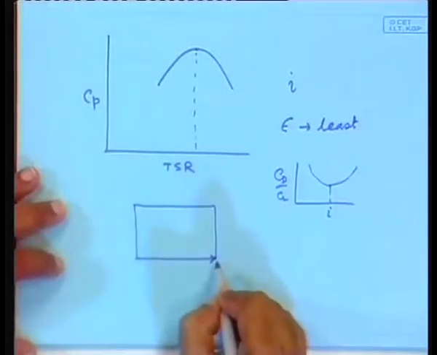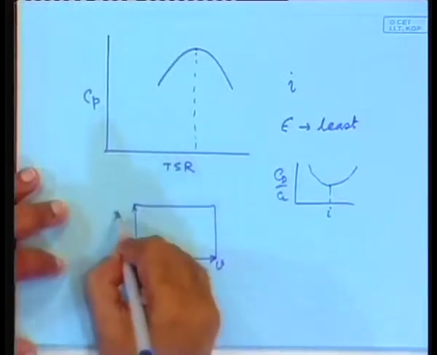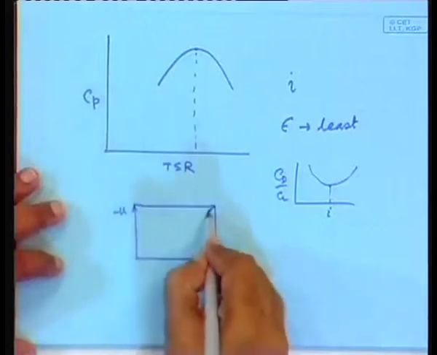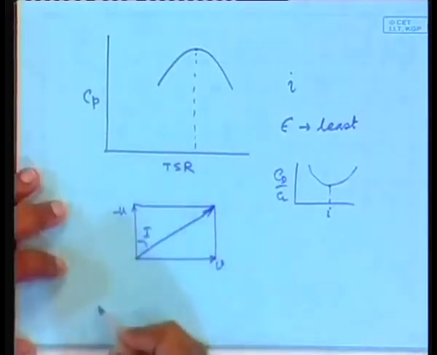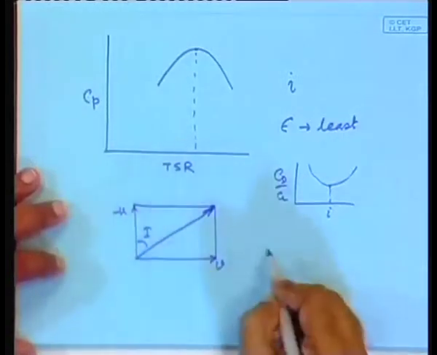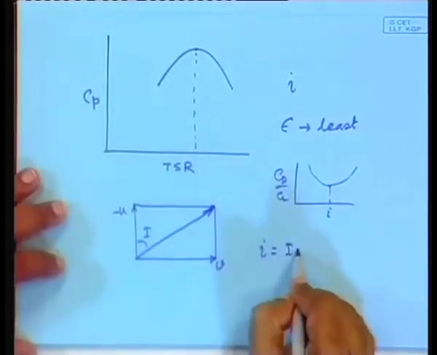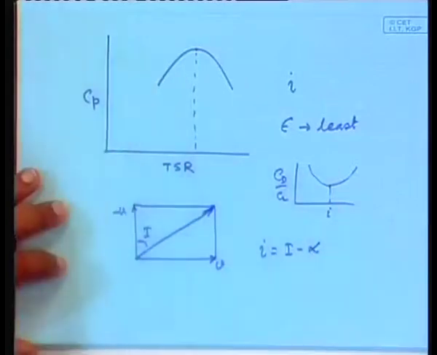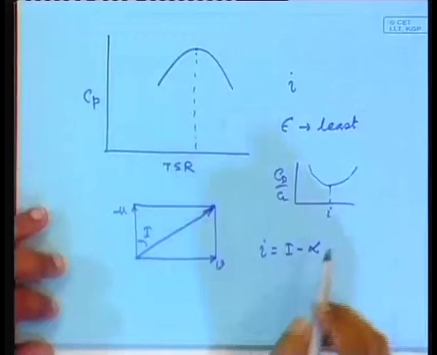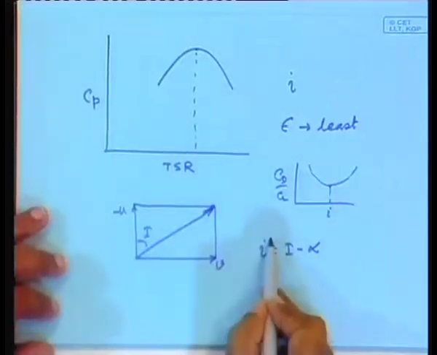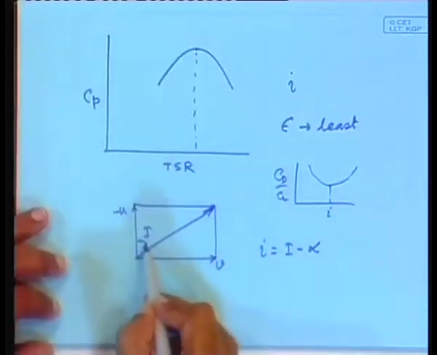This was our V and this was our minus U, and this was our relative wind, and this was capital I, and the small i was capital I minus the pitch angle, right, just to recall. So, if we want to keep the small i constant while the capital I varies, why?